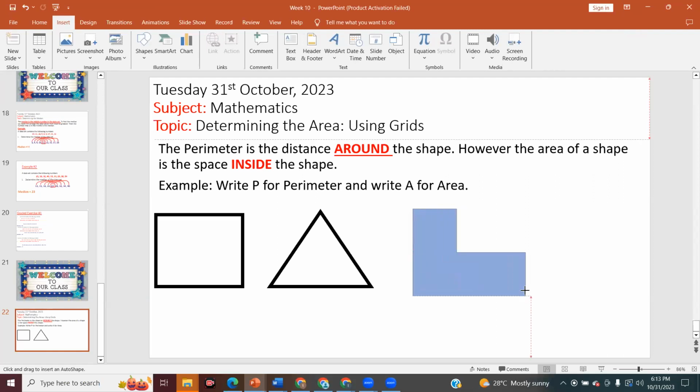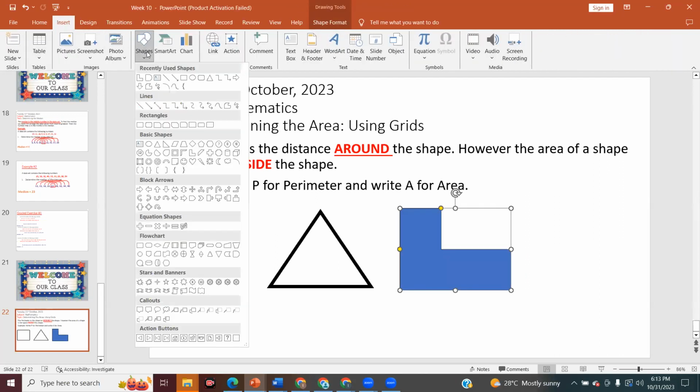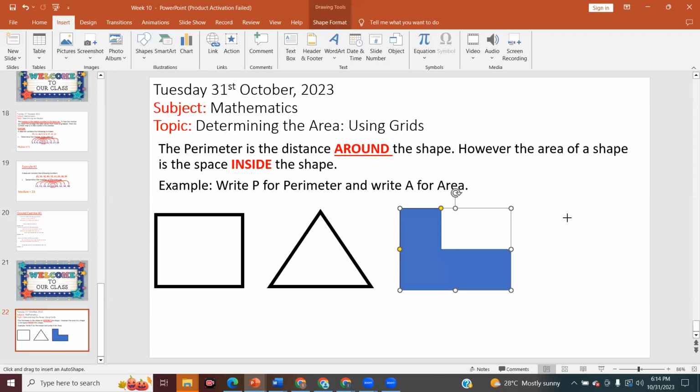Please draw these shapes as well. And I want one more shape, something interesting. Let's say we have this shape.